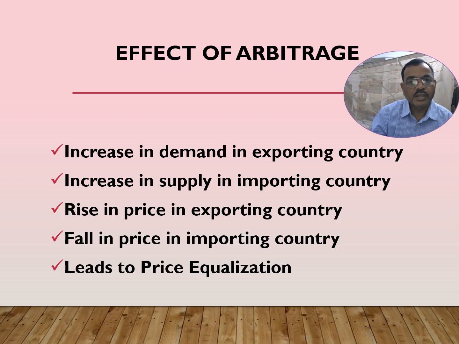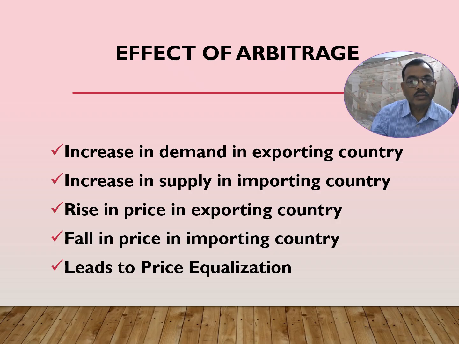In the high price country, supply increases because imports are coming in. As supply increases, price falls. Eventually, the price gap between the two countries reduces. This process is called price equalization. So arbitrage pushes markets towards equilibrium. This simple idea forms the base of advanced trade theories.